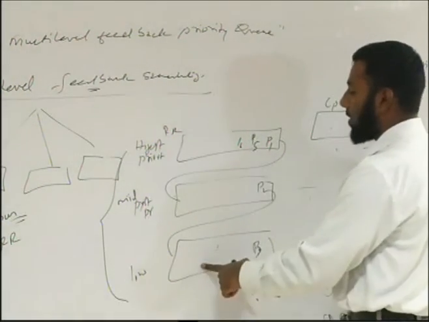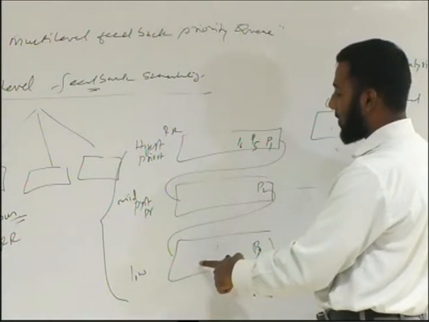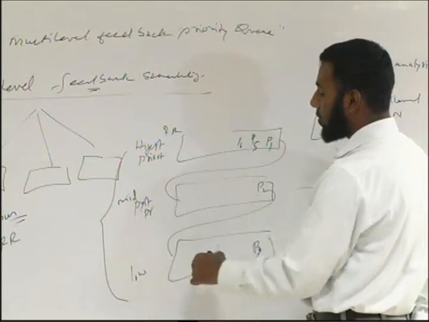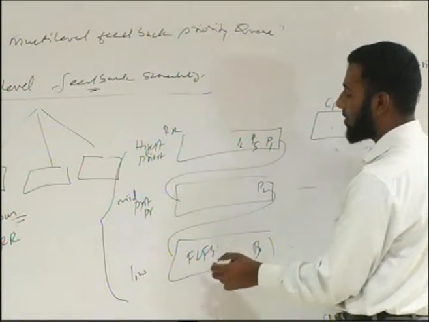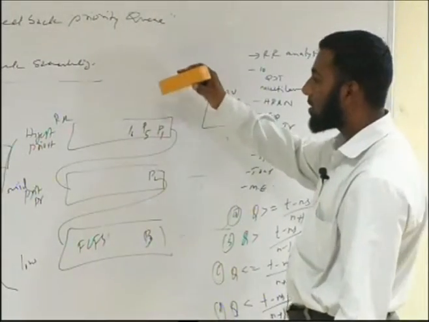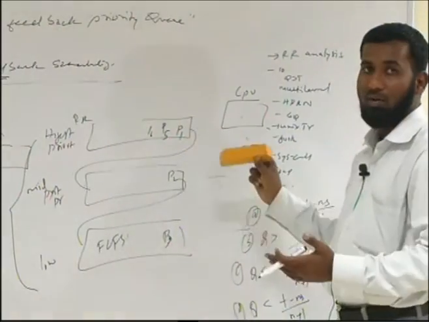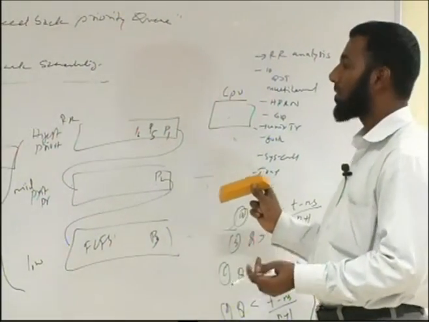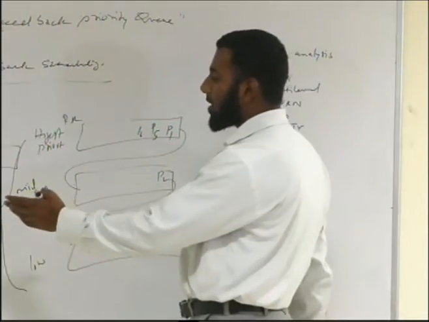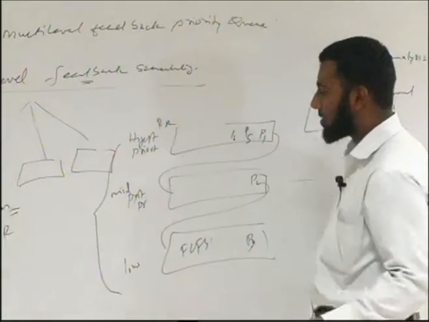If the time quantum is given to this ready queue, then this queue might follow FCFS. So it depends on what type of algorithm you want to follow; it might differ from ready queue to ready queue, and generally it's a good idea to have a round robin algorithm for selecting any one of these ready queues.